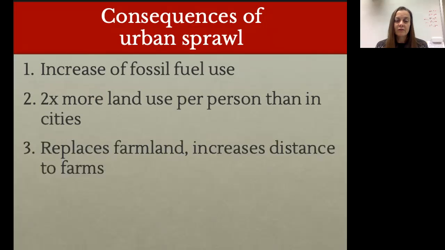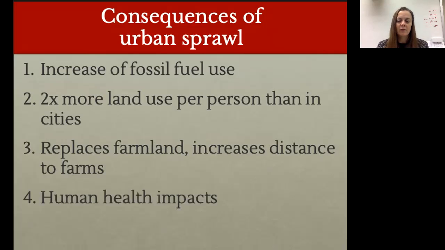It replaces our farmland. It increases the distance to the farms, which again is going to increase our fossil fuel use, and it's going to put more pressure on our water system as well. And then there are human health impacts, and these are pretty significant when we talk about urban sprawl.